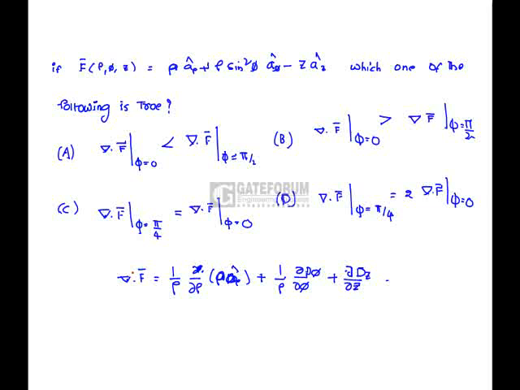Now the divergence of f is nothing but, the rho component is this, so it is going to be rho squared to rho 2 plus this is going to be sine 2 phi, which is minus 1. Hence 1 plus sine 2 phi is the divergence of f.